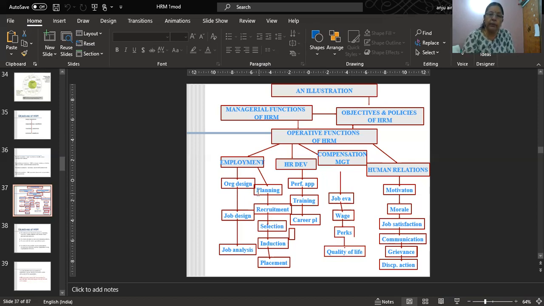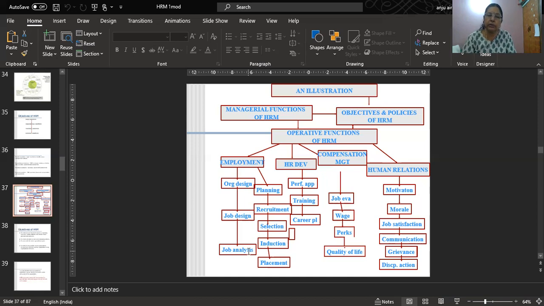So employment is, first, you design your organizational structure well, you design your jobs, making the roles and responsibilities of the job very clear, doing job analysis to see which job is more important in an organization and which job is less important.